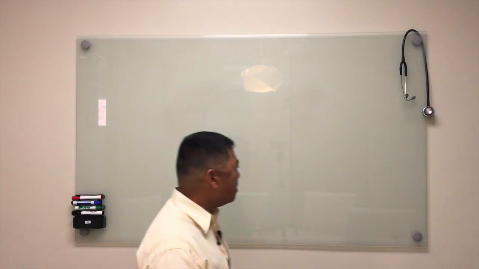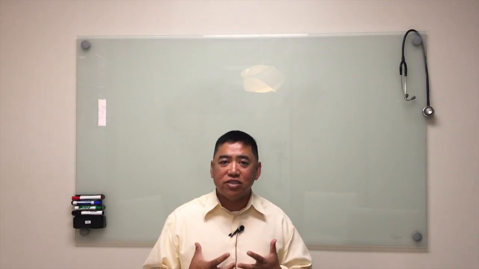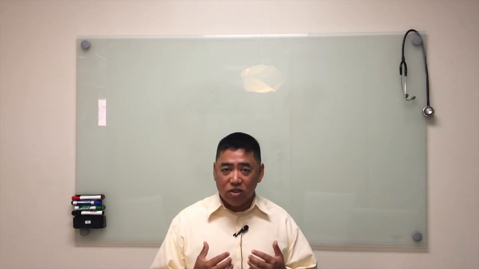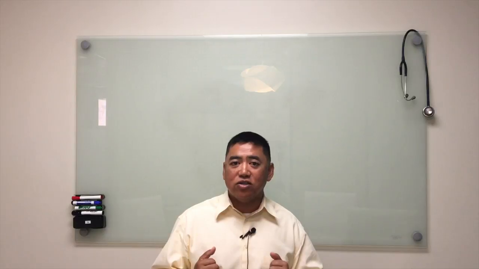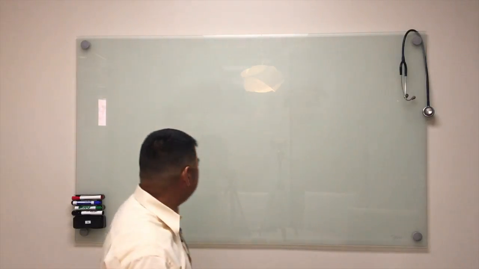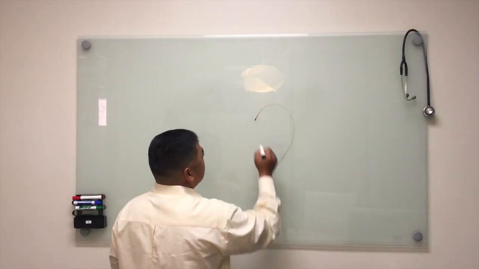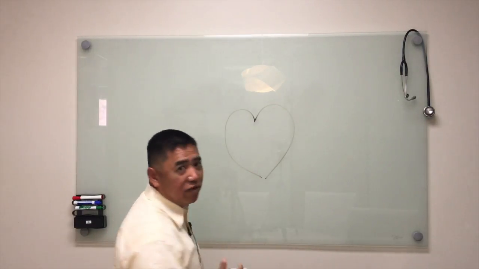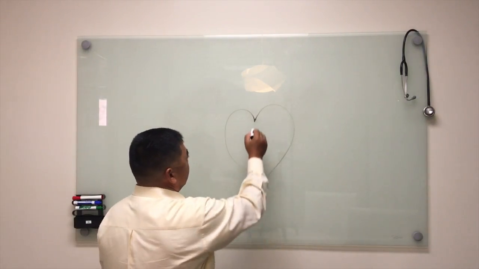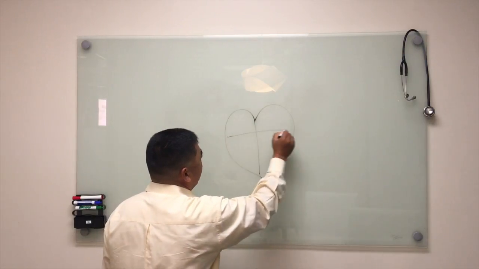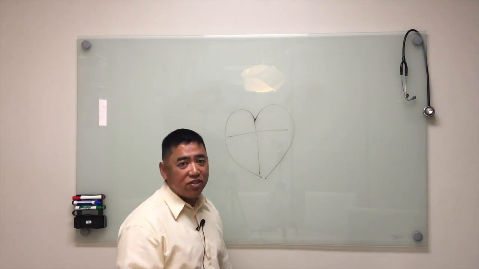I do have my own scan that we'll go over, but before I do, let me diagram the heart to show you what you're going to see. So, the universal symbol for the heart. Hopefully you guys can see that. The heart is actually divided into 4 different chambers.